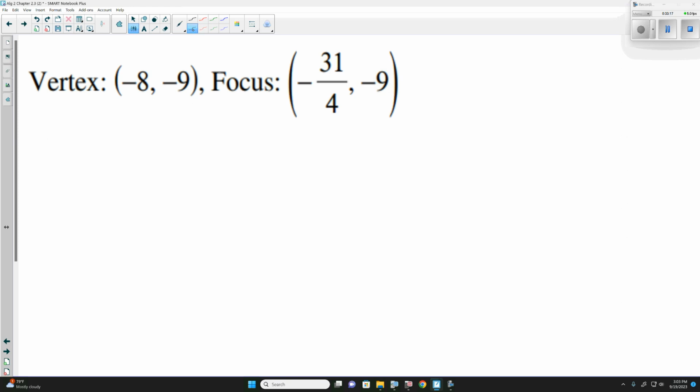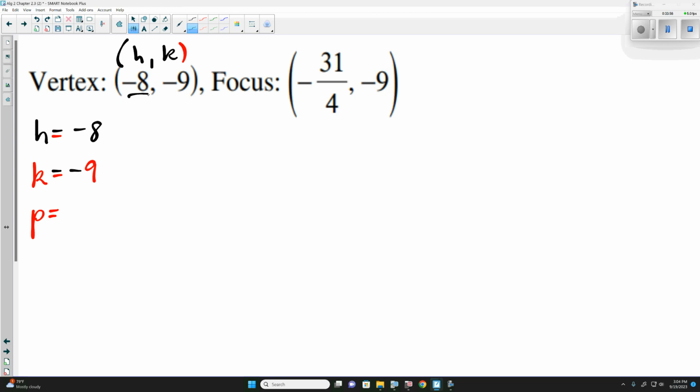Now, when we look at this one here, we are given the vertex, h comma k. And to find the equation, we still need to find the values of h, k, and p. Without knowing which equation we have, we still know that the value of h is negative 8 and the value of k is negative 9. Now we need to determine which equation it is based off of how the point changes from the vertex to the focus.